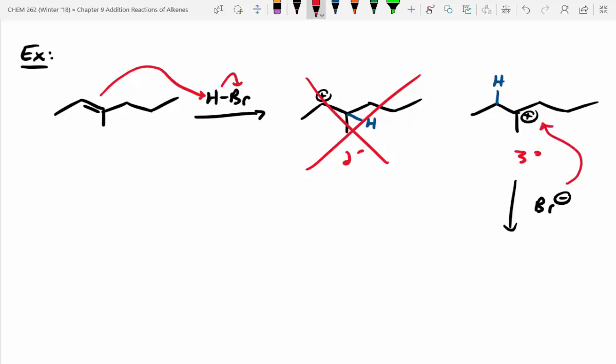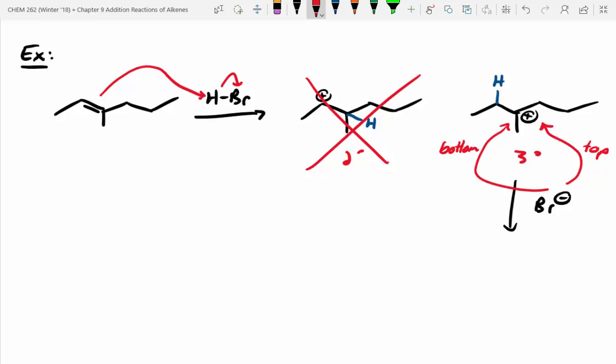Now we've got bromide floating around still, and bromide we know can attack into this carbon. However, what's unique about that carbon with the positive charge? It's trigonal planar, right? And we have a p orbital sticking both up and down out of that carbon. So it can do a top side attack, so I'll just write top. Or it can do a bottom side attack.